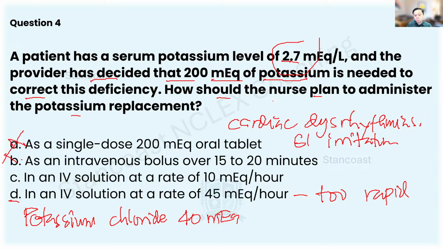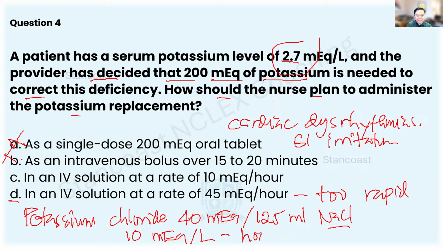It can vary from one hospital to the next. Some hospitals would carry the 40 milliequivalents in about 125 mL solution, sodium chloride. Or maybe they will give you a preparation that is 10 milliequivalents in 50 mLs. But if you're going to be asked about the recommended hourly rate of the potassium, mostly it is going to be only 10 milliequivalents per hour.